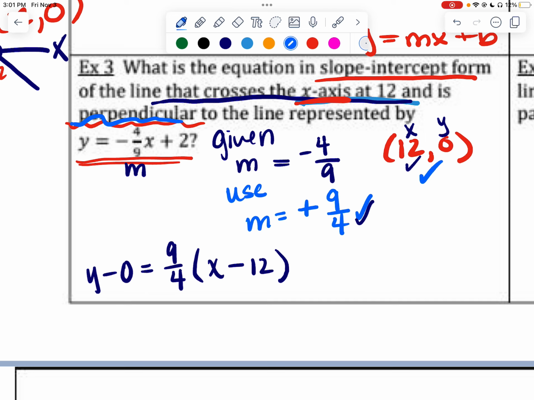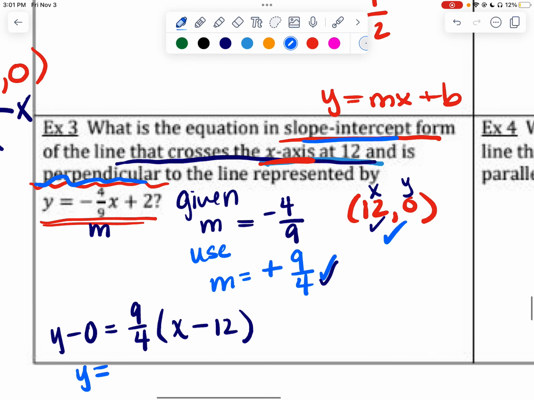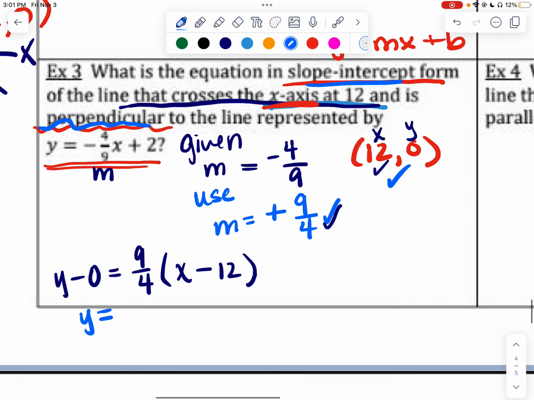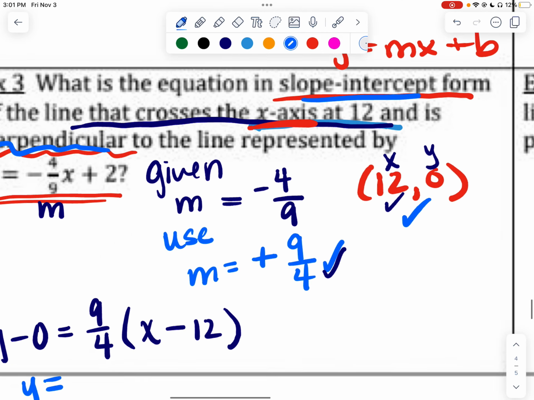Y minus 0, just like 10 minus 0 is 10, and 5 minus 0 is 5, y minus 0 is y. And if I want to get into slope-intercept form, because remember, that's the end goal, I don't have parentheses there, so I don't want parentheses here.